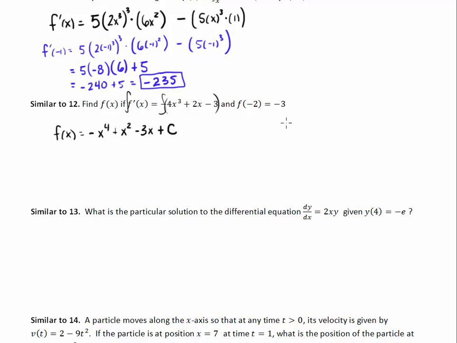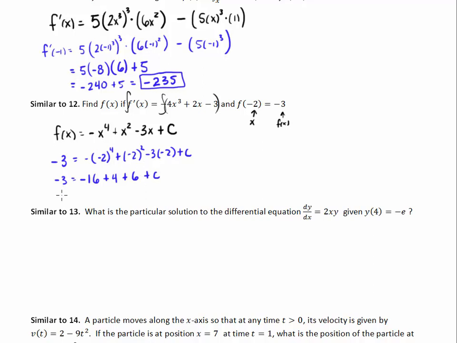Now, we know that if we plug negative 2 in for x, we get out negative 3 for f of x. So we know this is going to be equal to negative 3 if I plug negative 2 in for x. So we get minus 3 times the negative 2 plus c. So we get negative 3 is equal to negative 2 to the 4th power. It's going to be 16, so it's going to be negative 16 plus 4 plus 6 plus c.